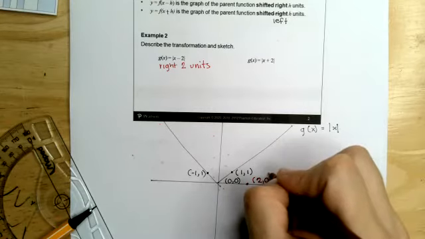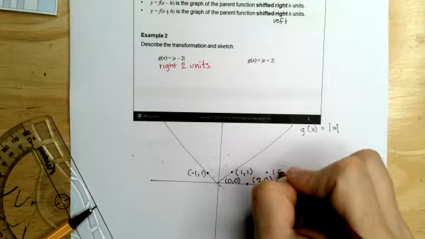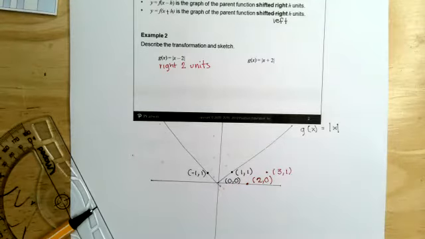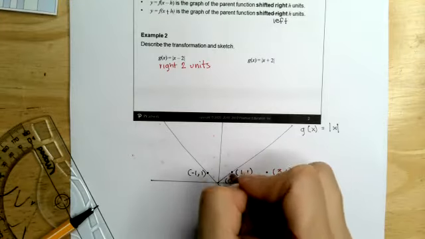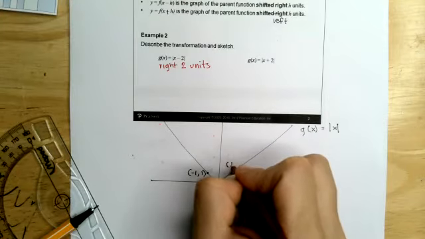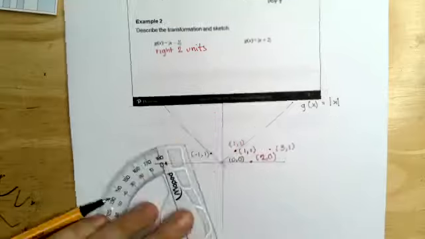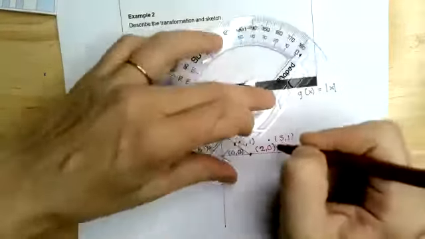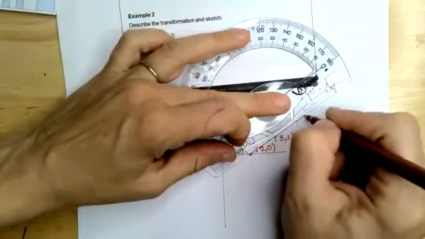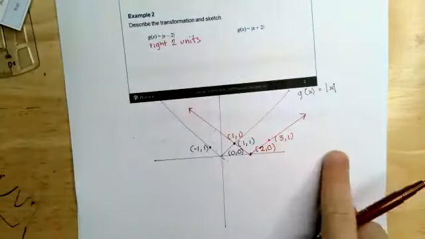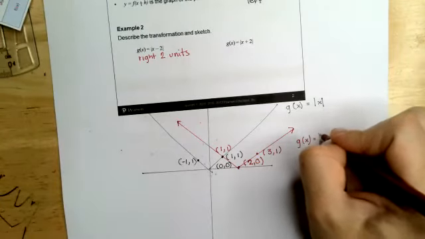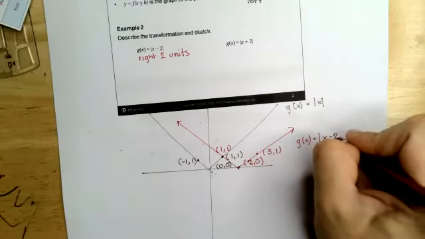So now that's 2, 0, 3, 1, 1, 1. Notice that this is subtraction, but it's moved in the positive direction. So this was g of x equals the absolute value of x minus 2.